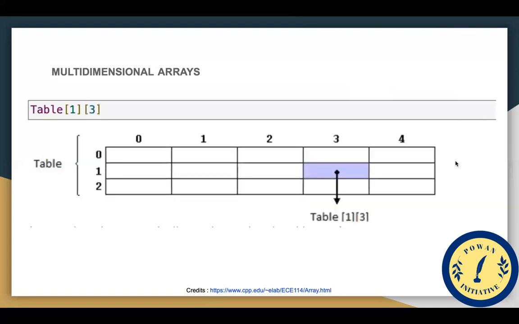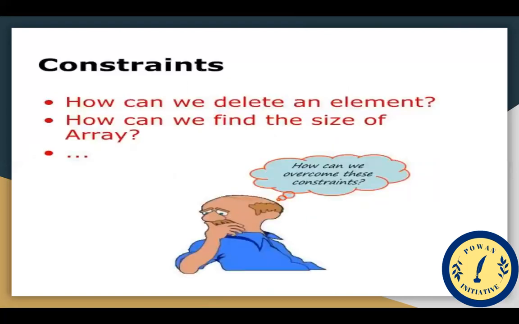After this, we looked at how the indexing of a 2D array takes place. We took some examples from various sources. Apart from this, we also covered some concepts such as how an element is deleted, how we can find the size of an array, and much more.